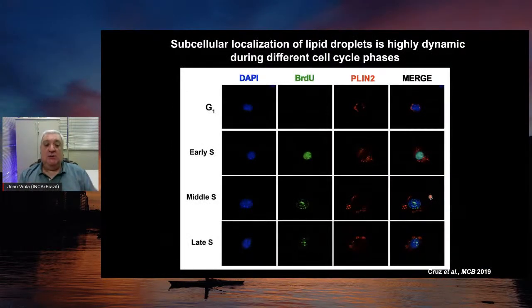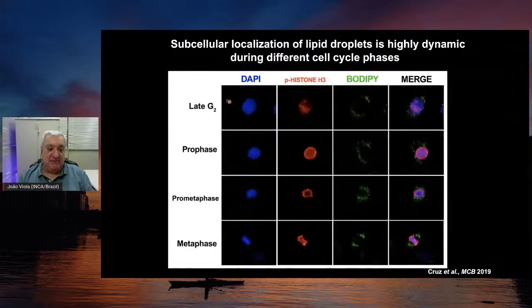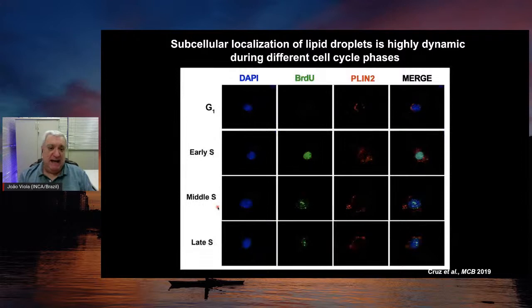You are able to differentiate G1, S phase, and M phase by labeling these cells with BrdU. If you have no label, these cells are in G1. When the cells enter S phase, they capture BrdU, and then we are able to see early to late S phase.